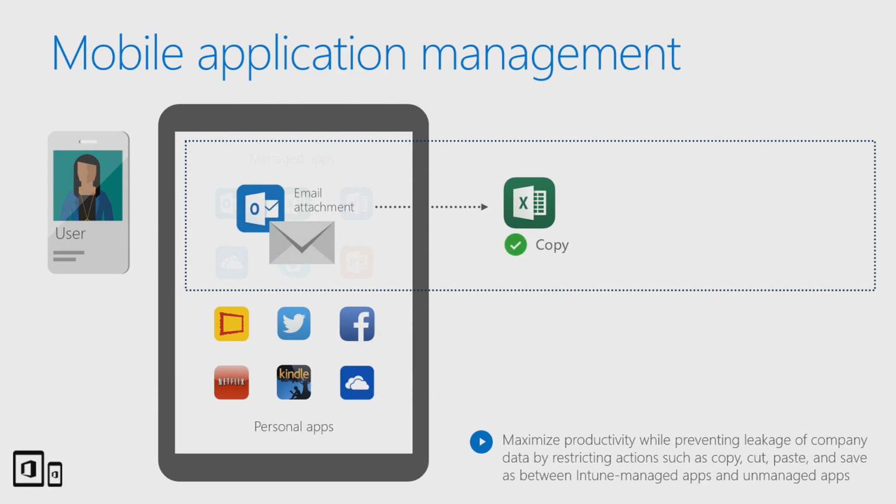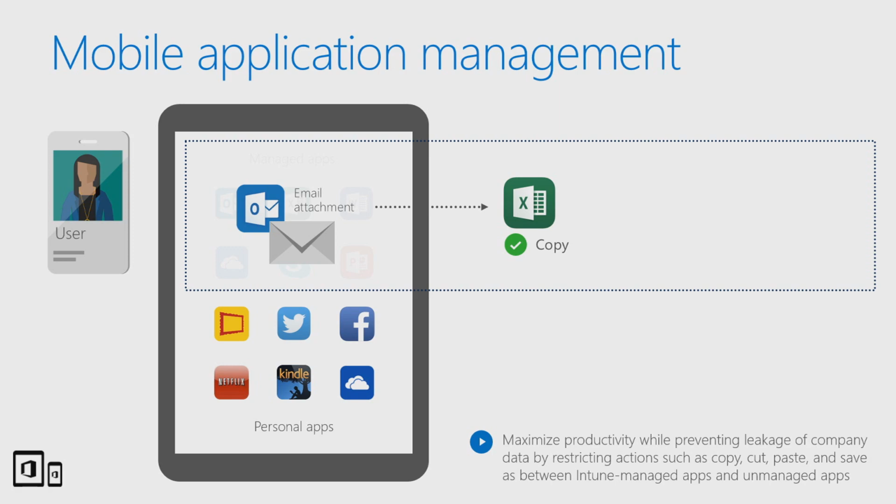Let's talk about mobile application management. Mobile application management maximizes productivity while preventing leakage of data by restricting actions such as copy, paste, and save between Intune managed apps and unmanaged apps.